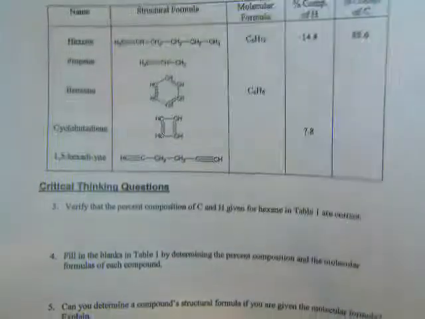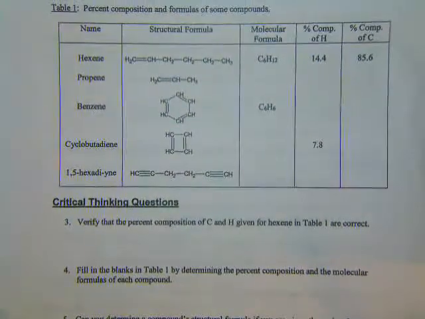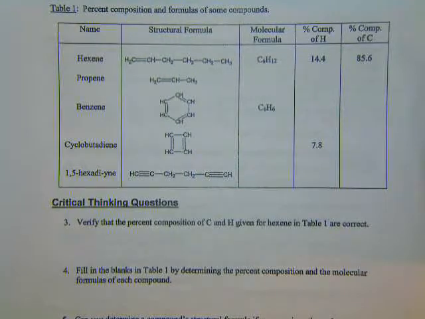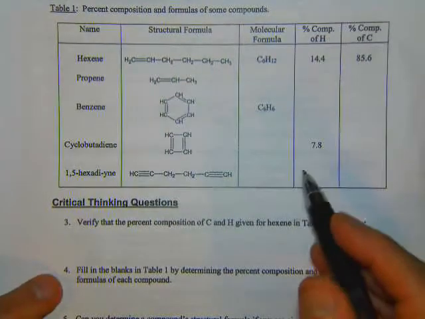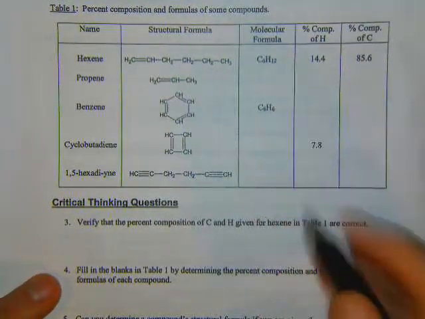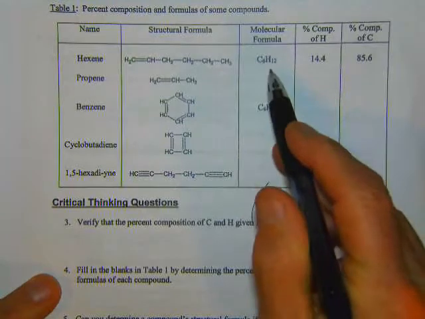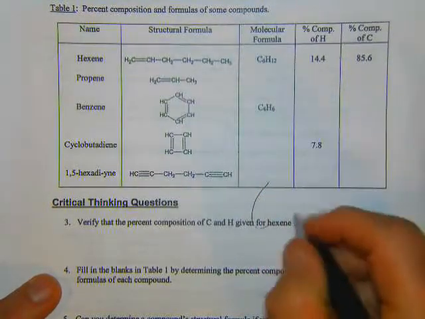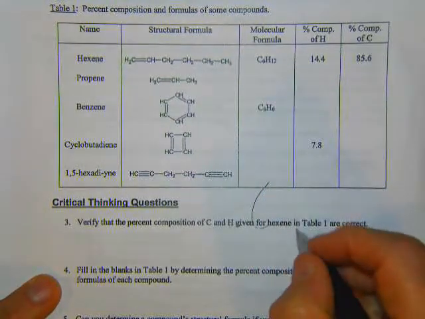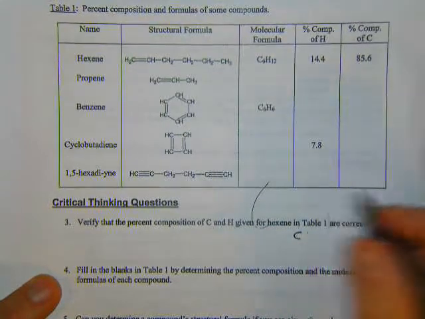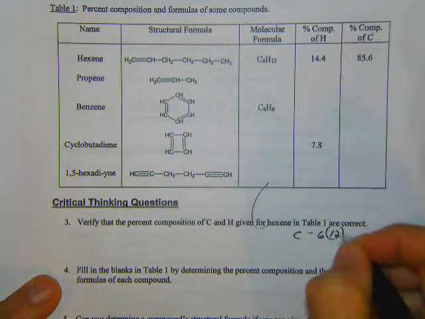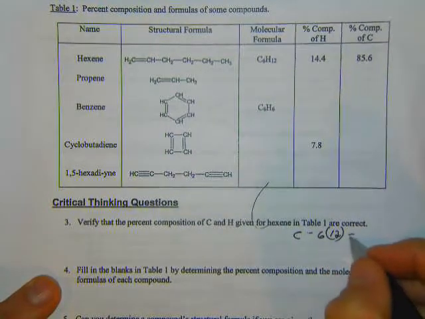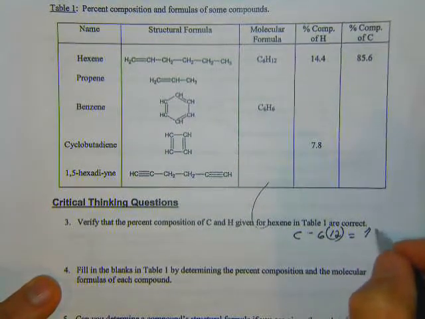Let's skip on down to number 3. It says verify that the percent of carbon and hydrogen for hexene in table 1 are correct. So again, we have to look at the formula, C6H12. For carbon, we have 6 of those, with an atomic mass of 12, so that gives us 72.